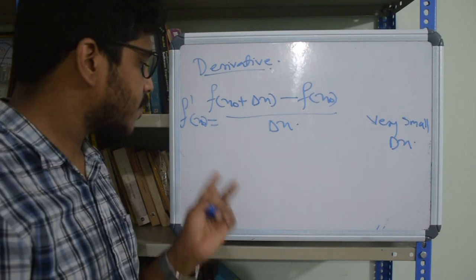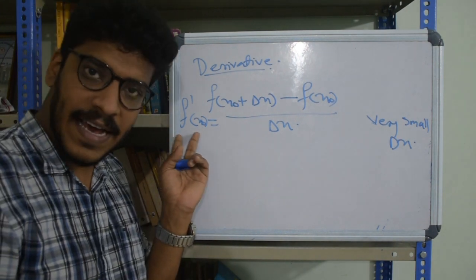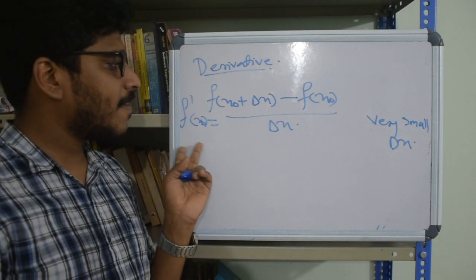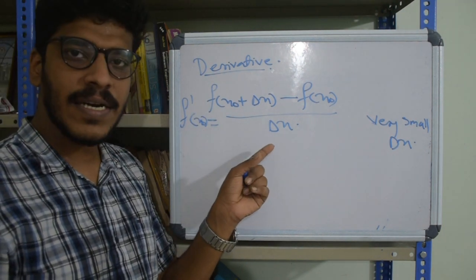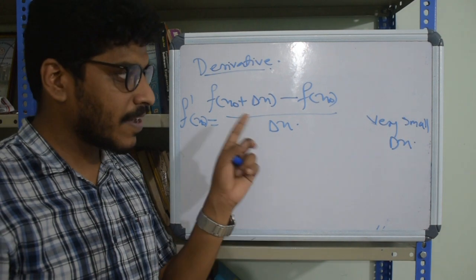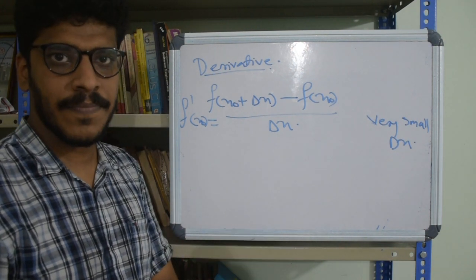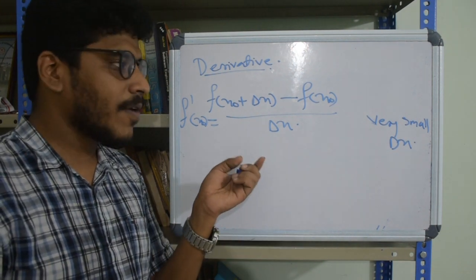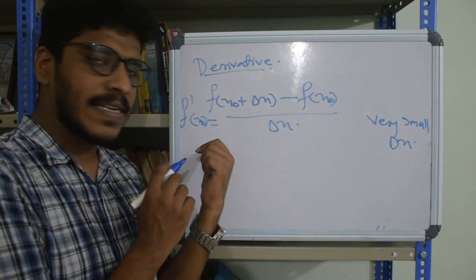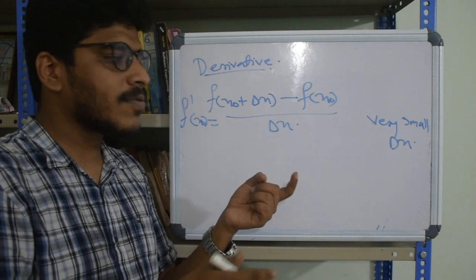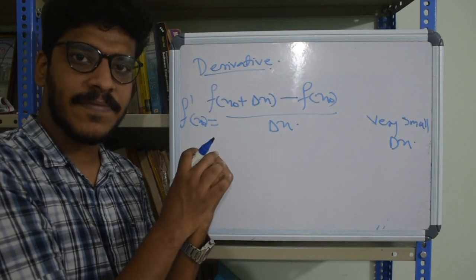So the derivative of the function at x naught, f dash of x naught, can be evaluated as f of x naught plus delta x minus f of x naught divided by delta x for very small delta x. So what we were doing so far, we were evaluating velocity as a derivative. We have found the slope of the tangent as a derivative.